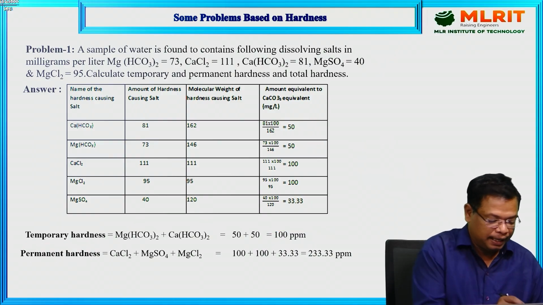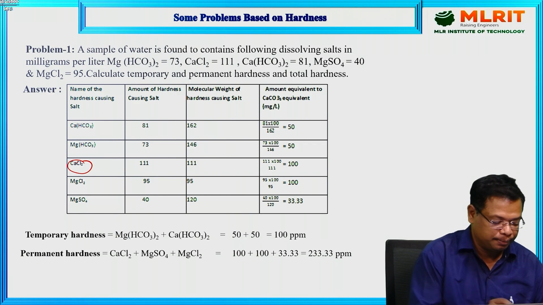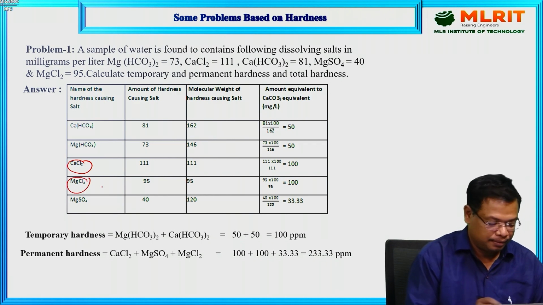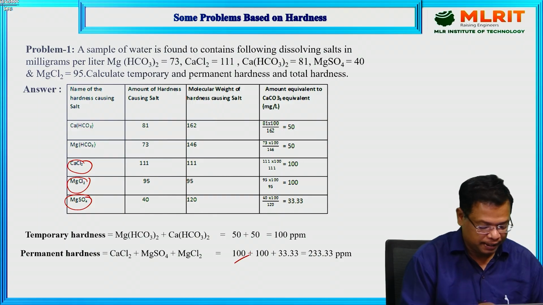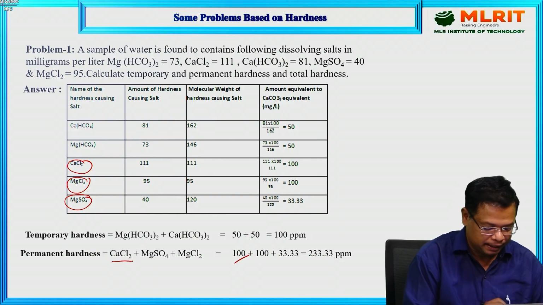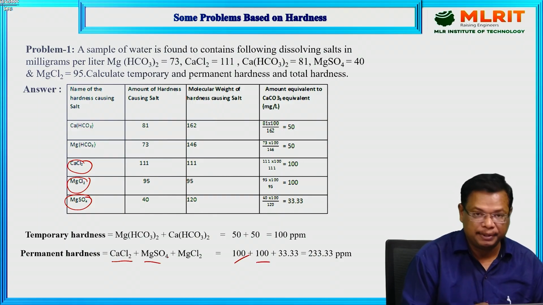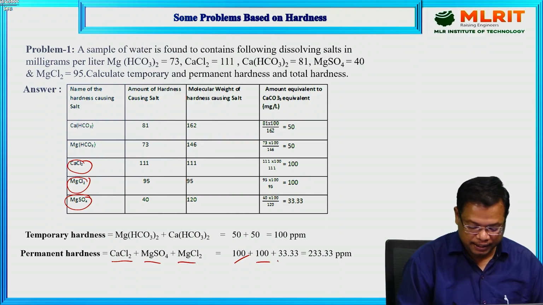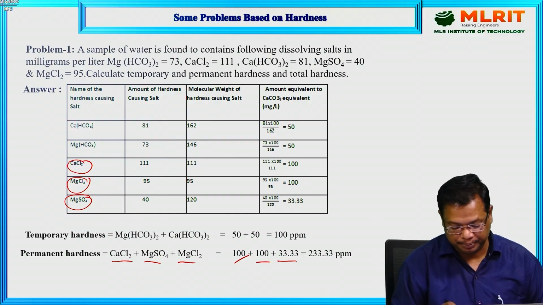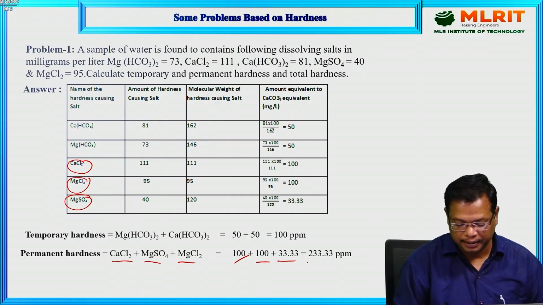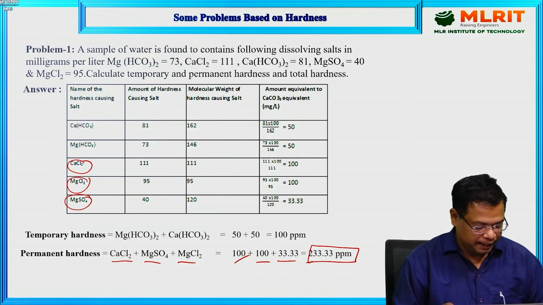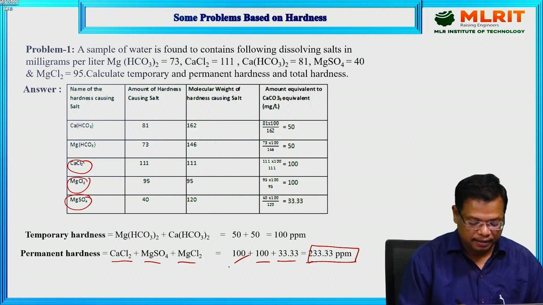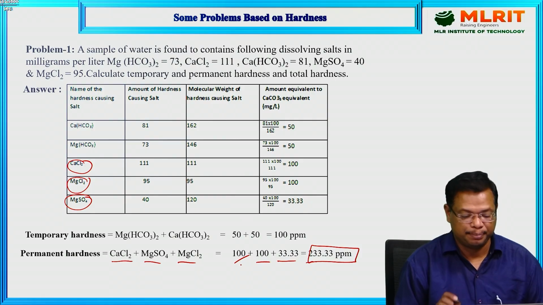Now 100 is for CaCl2, 100 is for MgCl2, and MgSO4 is 33.33. So 233.33 ppm of hardness is caused by these salts. This is the permanent hardness of the given water sample.